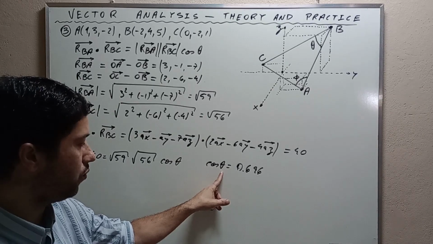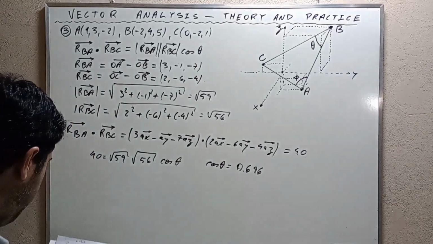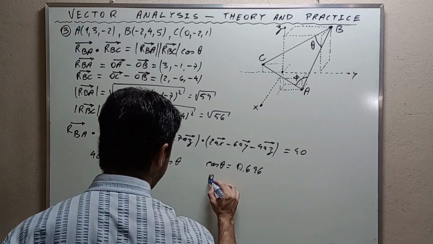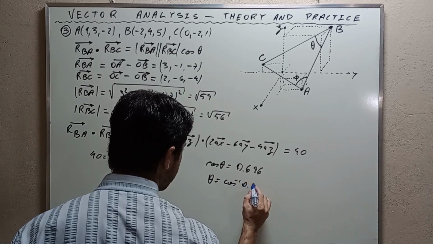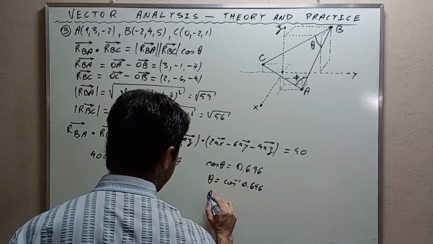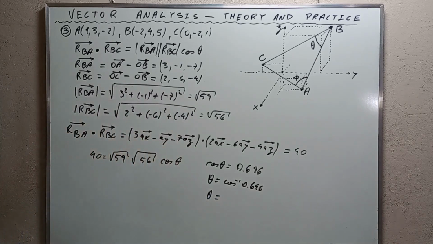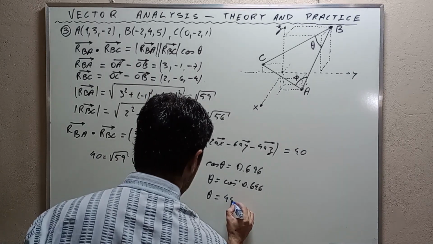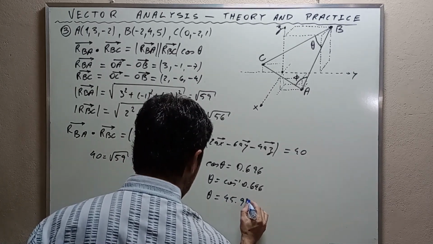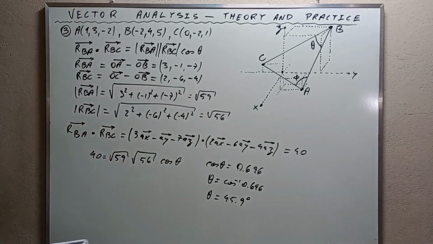To find the angle, having the cosine, we compute the inverse cosine. As a result, our angle is 45.9 degrees. Okay, my friends? Beautiful, isn't it?